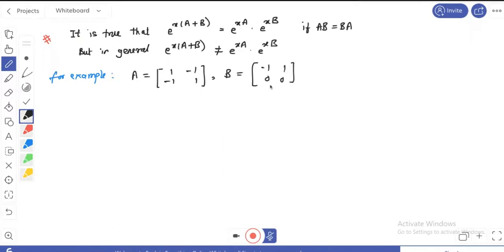Okay, so what is the value of A plus B? Adding these two, we get 0 0 minus 1 and 1. Okay, this is the A plus B matrix, and now what is the exponential of that matrix?